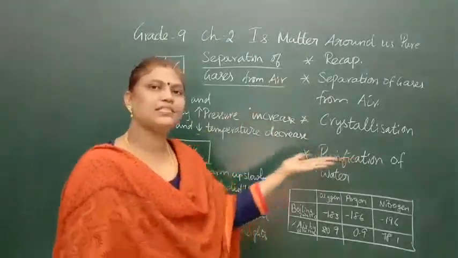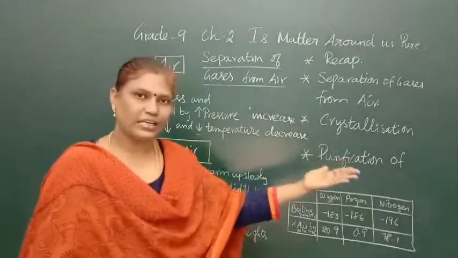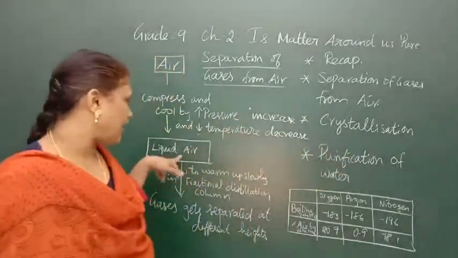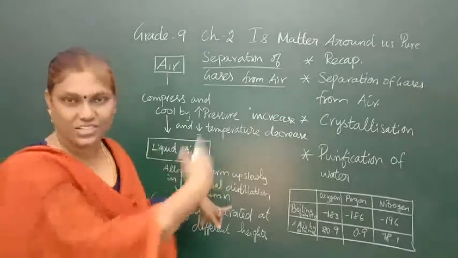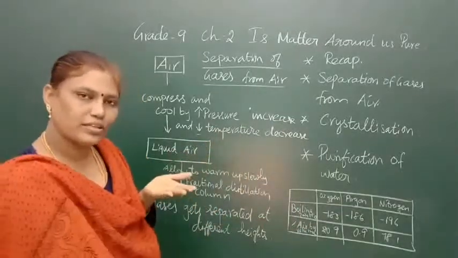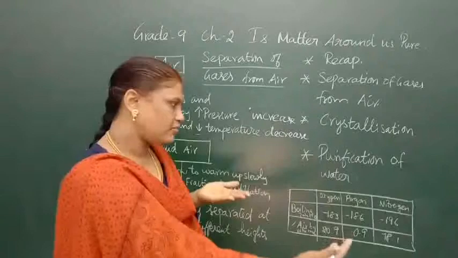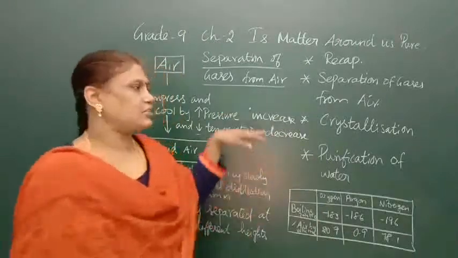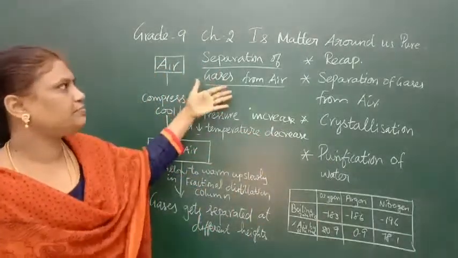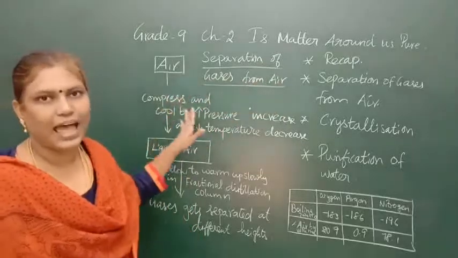After that it goes to the liquid stage. That air goes to the fractionating column. What will be obtained at the lowest? Oxygen. Then you will get argon, then nitrogen. This way we can separate gases from air.